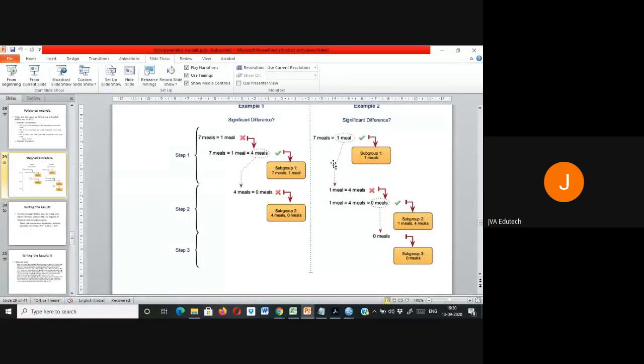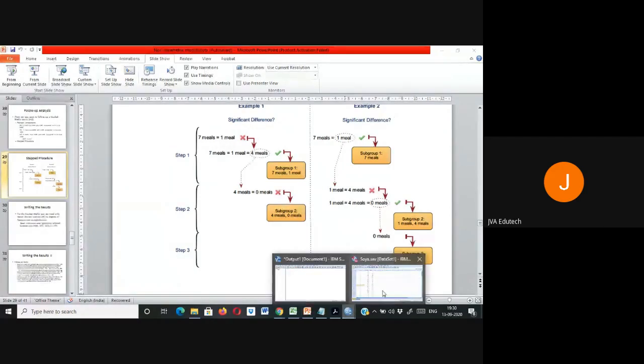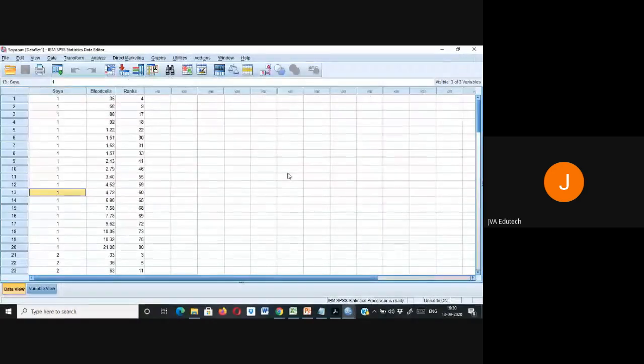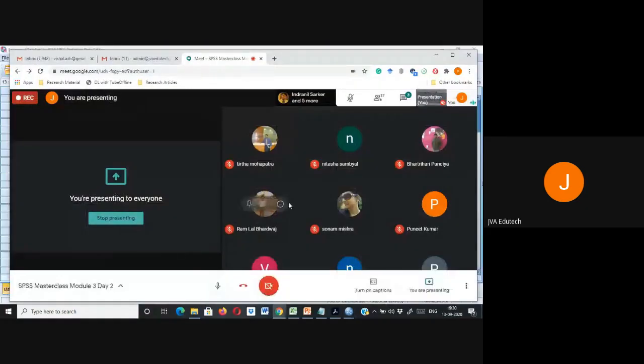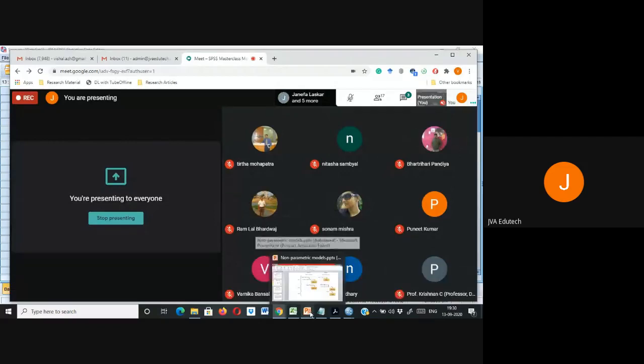Now let's move on to doing the Kruskal Wallis test. So first, let me check the assumptions. Are you people aware of how to check the assumptions, or do I need to repeat it or move on to the Kruskal Wallis directly? Should I check the assumptions? Yesterday we checked the assumptions.